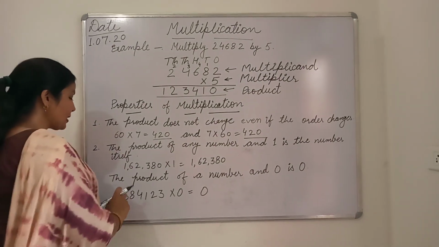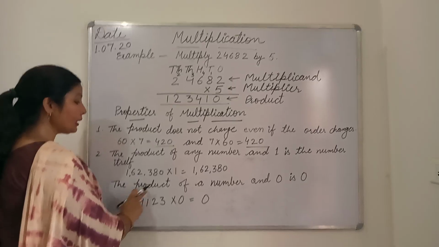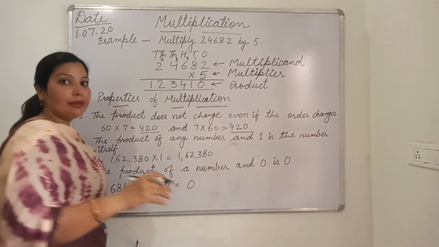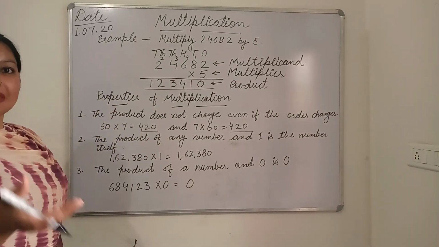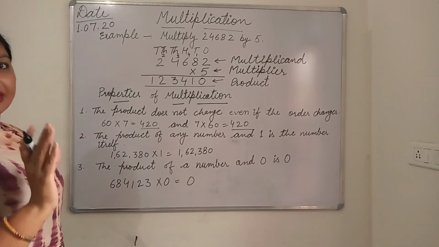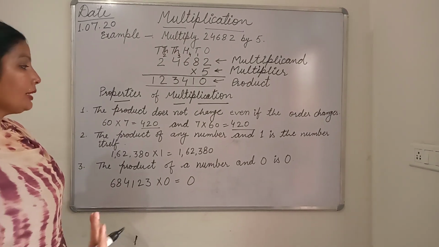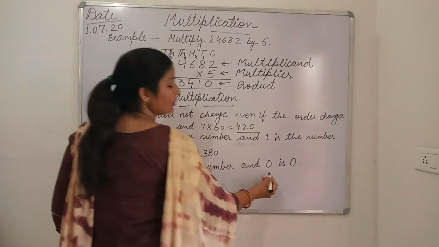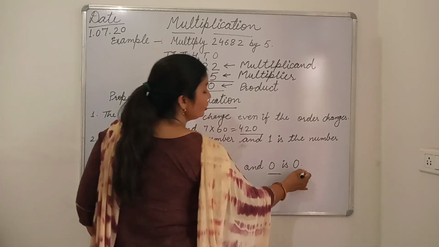Okay. Next, the product of a number and 0 is 0. Whenever any number is multiplied by 0, we get the product 0. Okay, whenever we multiply by 1, we get the number itself, and whenever we multiply by 0, the product is also 0.